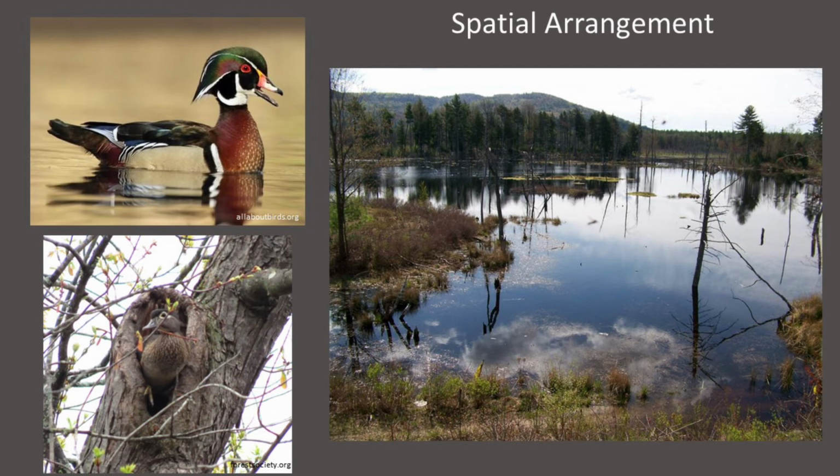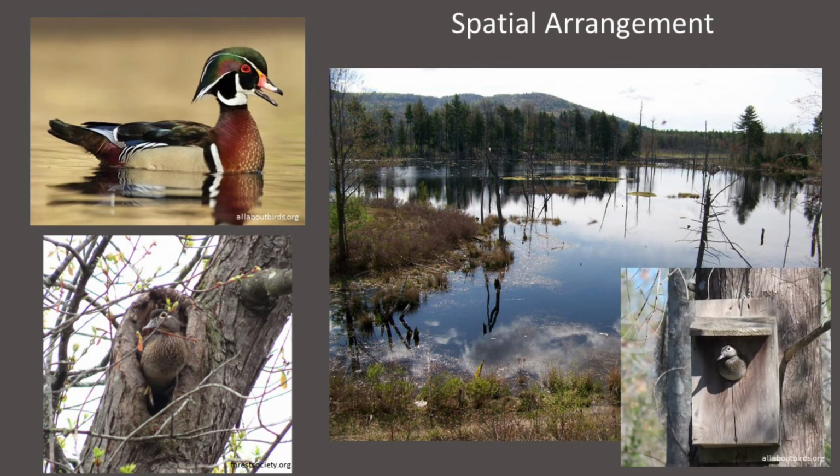So ideal wood duck habitat is a landscape where mature forest with cavity trees is located around or within a half a mile of the wetlands where wood ducks spend most of their time. If cavity trees or wood duck boxes aren't available for nesting, wood ducks may not occur within an otherwise ideal wetland habitat. Or if wood ducks do occur, they are unlikely to be able to breed successfully.